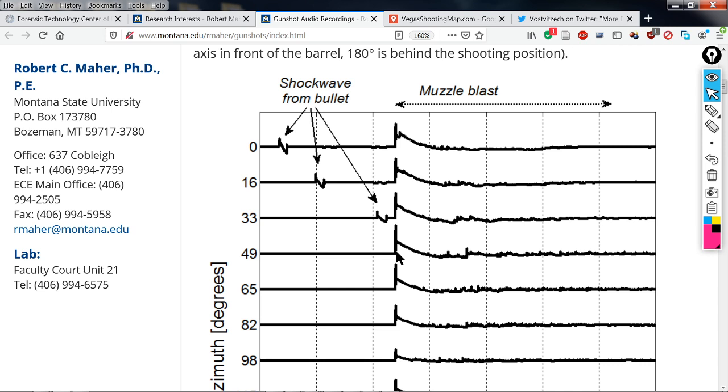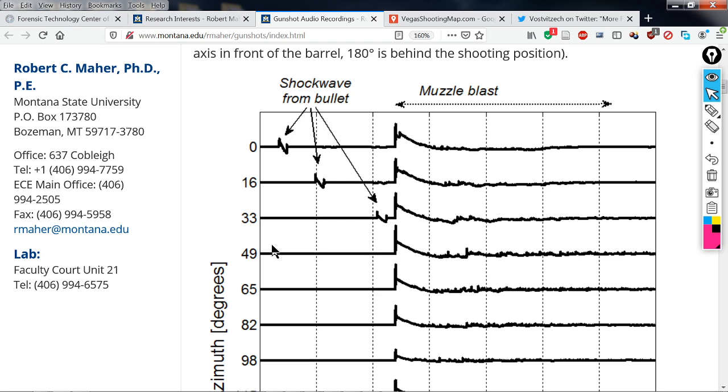Or actually there is, but it occurs at the same time as the muzzle blast, right on top of each other. So there would be 0 lag, which is an interesting phenomenon that I haven't really talked about much. It's due to the nature of the formation of the shock wave and the speed of the bullet. There is an angle at which both the muzzle blast and the shock wave arrive at identical times.